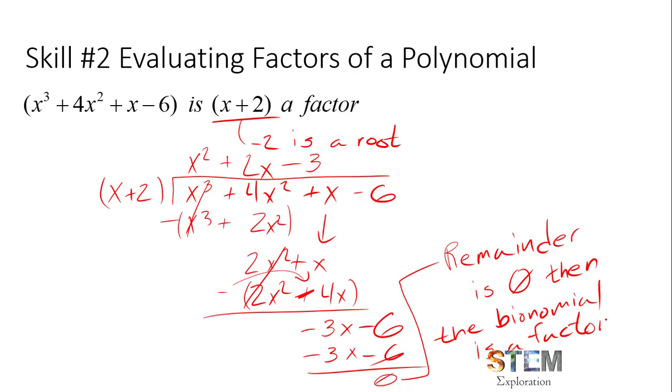And if it's not equal to 0, that means the binomial is not a factor. Okay, so keep that in mind. A lot of times you're trying to get 0. I mean, it's always nice when that happens, but that's not always the case. So keep that in mind. But if you have a problem that wants you to test if a binomial is a factor, you just plug it through, and as long as the remainder is 0, then you know that that's a factor, and the -2 would be a root for this specific situation.